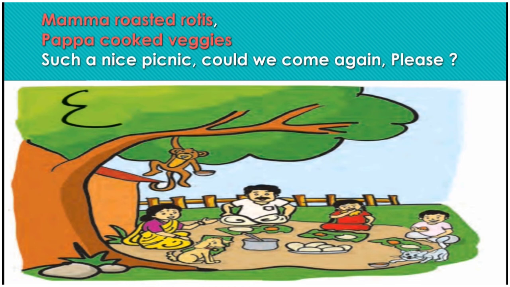Okay, so this is over, students. Which shapes did we find here today? Which shapes did we learn? The first one is carrots, and the shape of the carrot is cone. The second one is tomato, and the tomato shape is round.